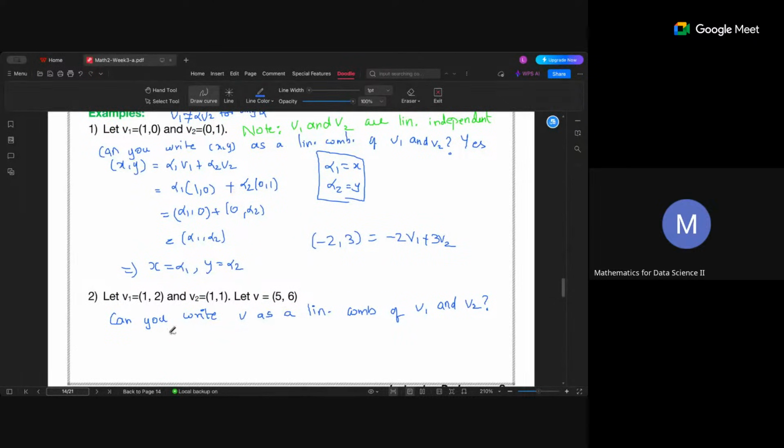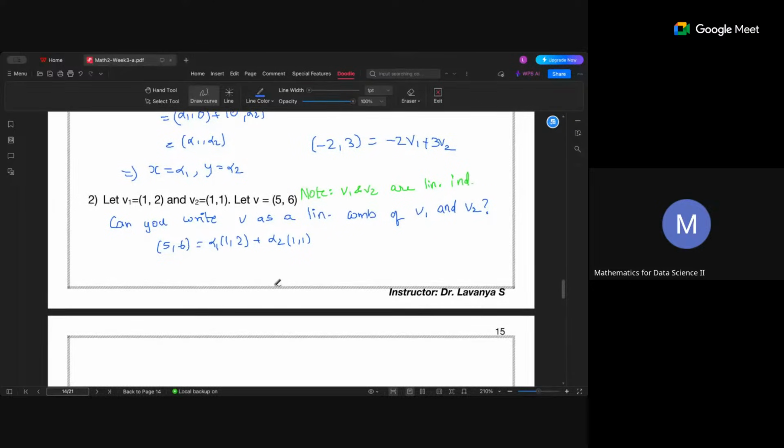Now the question is, can you write v as a linear combination of v1 and v2? What do you note about v1 and v2? Are they linearly independent? Yes, v1 and v2 are linearly independent. So now we are checking whether you can write (5, 6) as alpha 1 times (1, 2) plus alpha 2 times (1, 1).